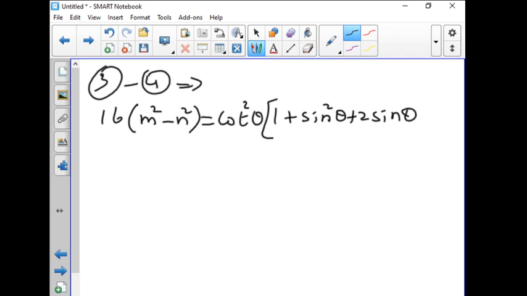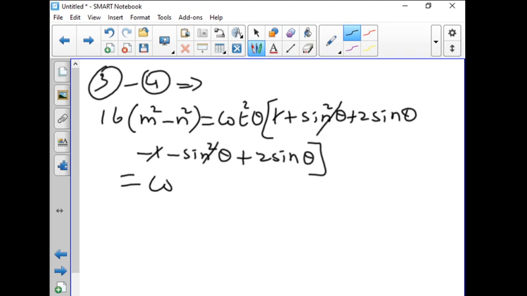We are subtracting, therefore that will become minus 1 minus sine square theta plus 2 sine theta. The 1s get cancelled and the sine squares also get cancelled. So we get cot square theta into 4 sine theta.